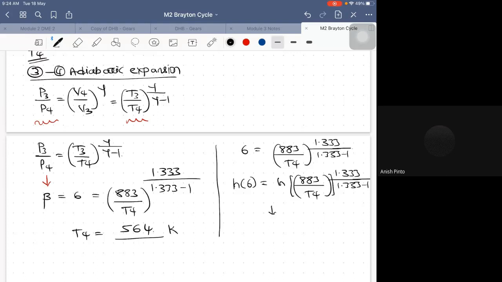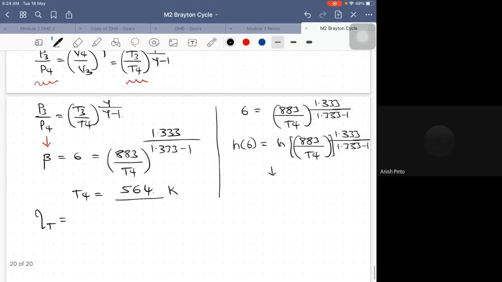Now, since the value of T4 is obtained, what is our next step? You have to convert the value of T4 into T4 dash. For that, the efficiency of the turbine is given. What is the efficiency of the turbine? It is actual work divided by the theoretical work.